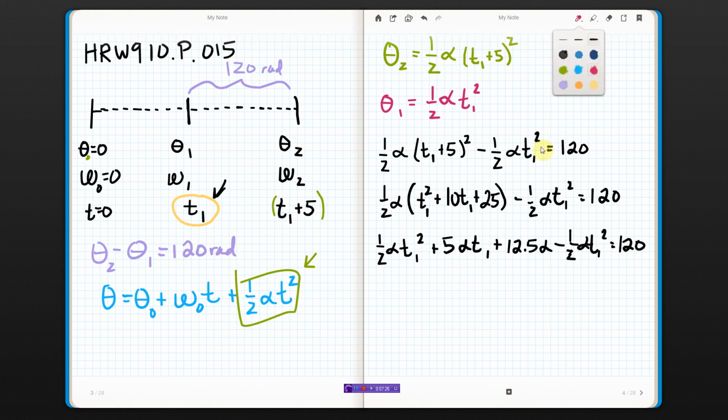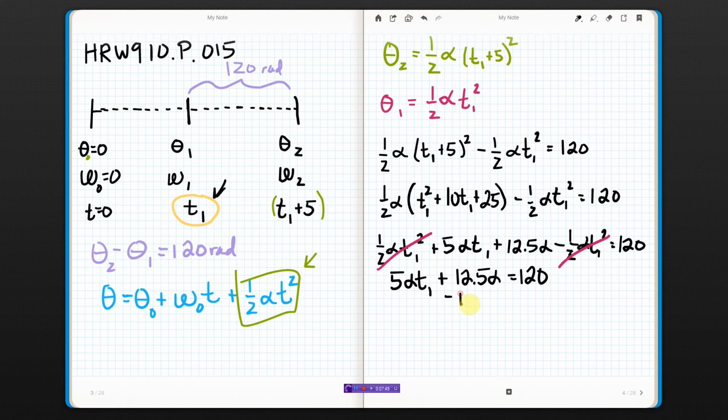The 1/2 alpha t1 squared terms go away, and all I have is 5 alpha t1 plus 12.5 alpha equals 120.